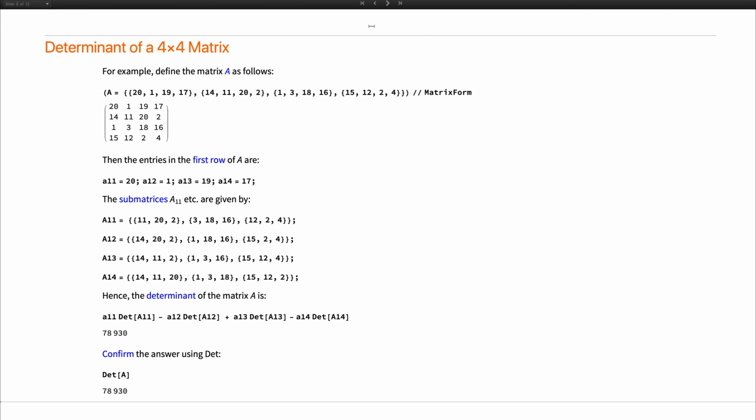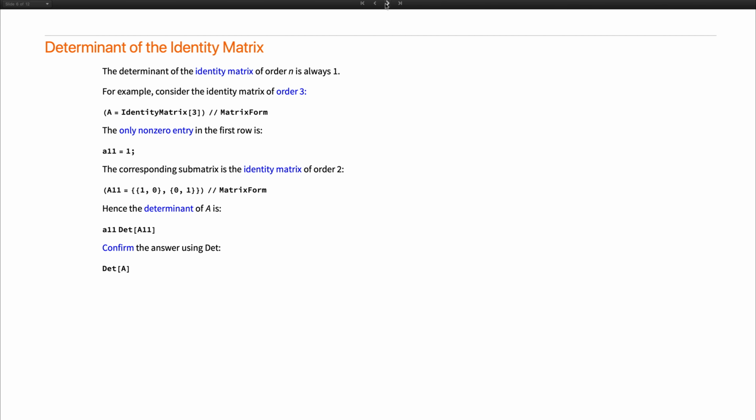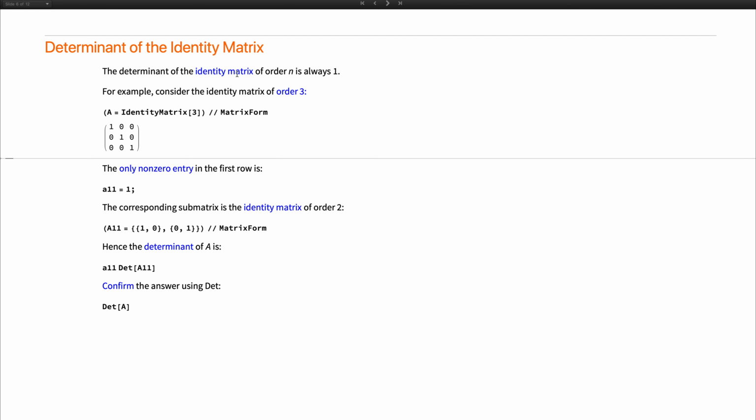The point is that there are many simpler matrices for which the determinants are quite easy to remember. For example, if you have the identity matrix of order n, then its determinant is always 1. Here is the identity matrix of order 3. It's got diagonal elements 1, and all other elements 0. If you try to expand it, then in the first row you only have one non-zero element.